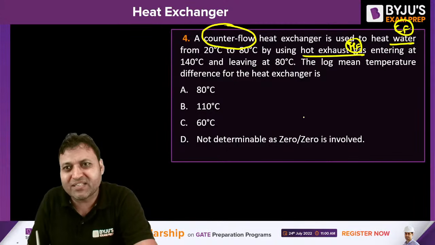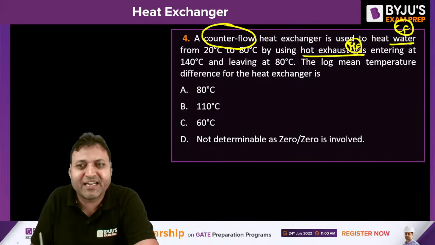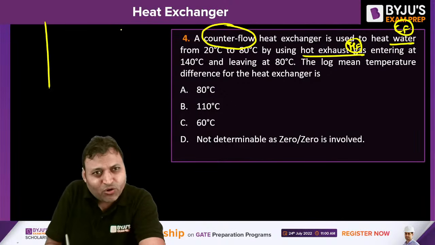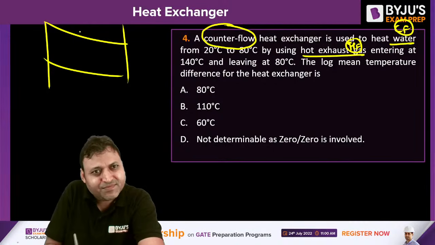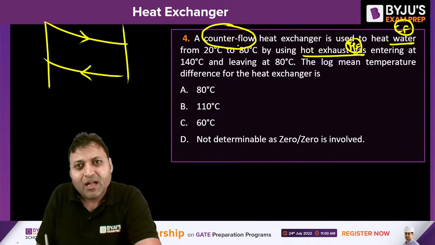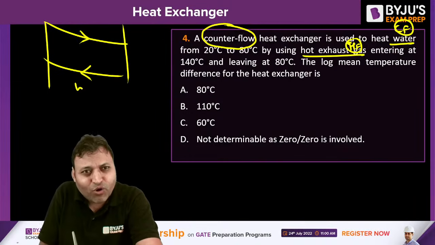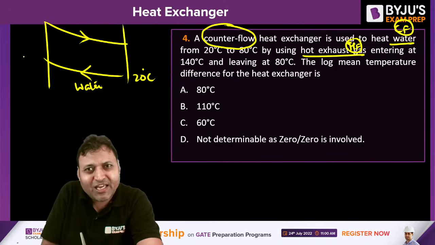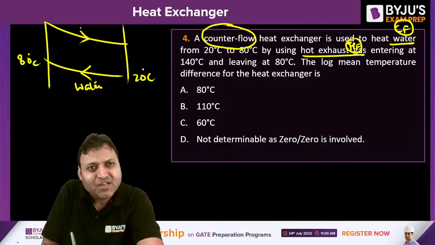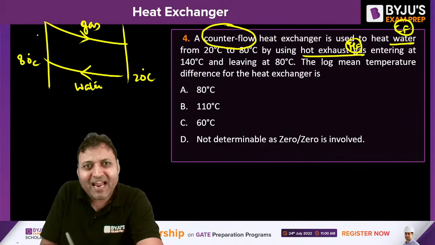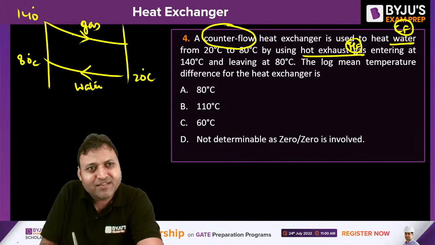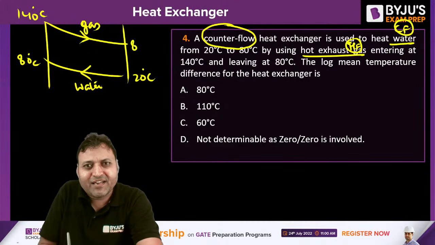The hot fluid is the exhaust gases entering at 140 and leaving at 80 degrees. If we draw this counterflow heat exchanger, the cold fluid is water entering at 20 degrees Celsius and leaving at 80 degrees Celsius, and the hot fluid is exhaust gases entering at 140 degrees Celsius and leaving at 80 degrees Celsius.